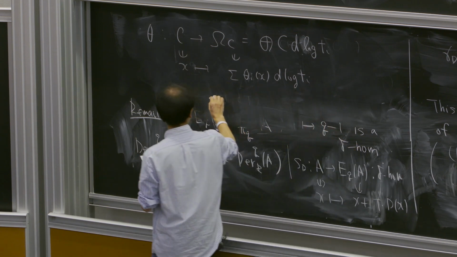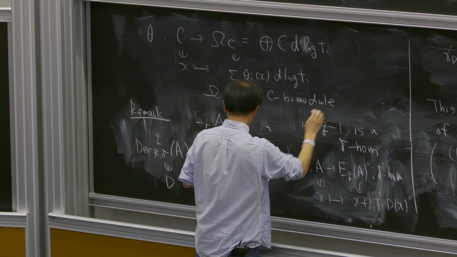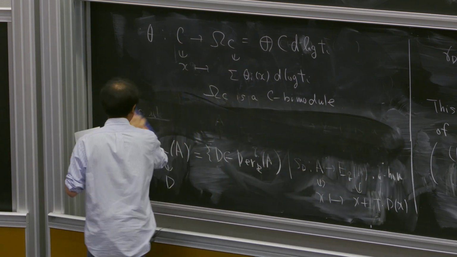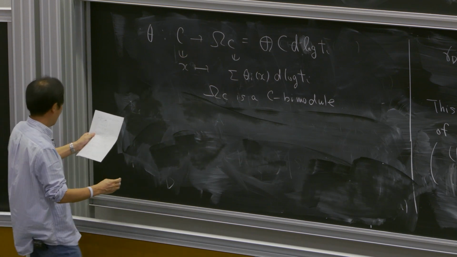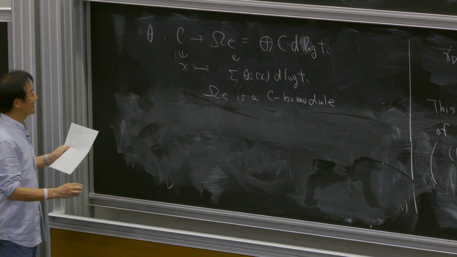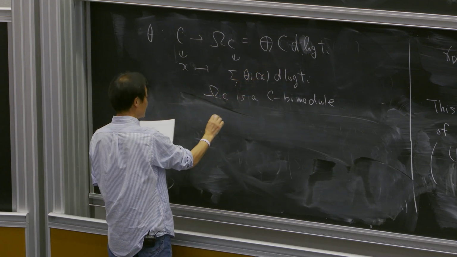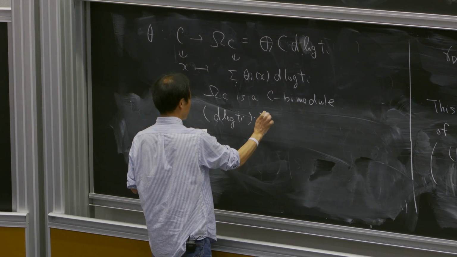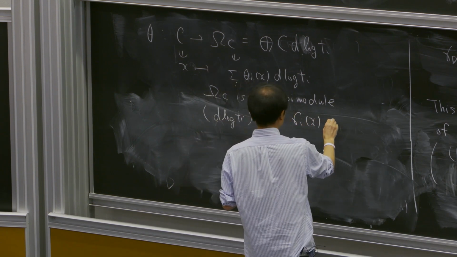And omega c is a c-bimodule. The left action is the usual action, and the right action is given by multiplication by x, given by left multiplication of gamma I x.